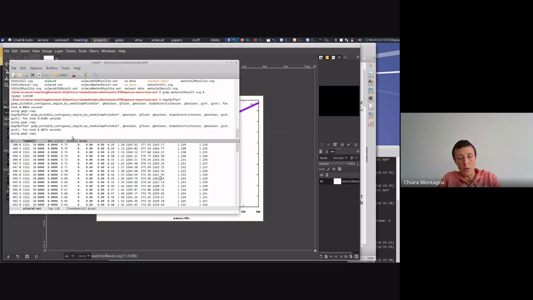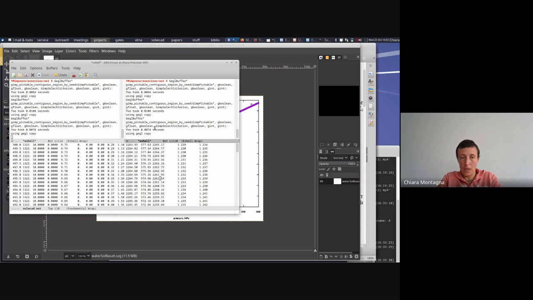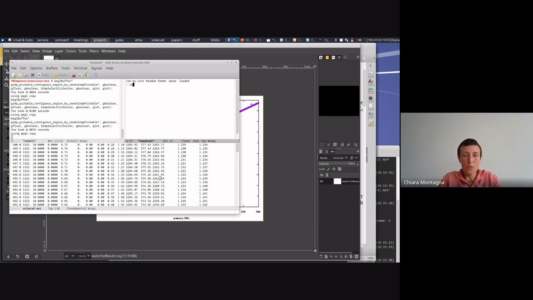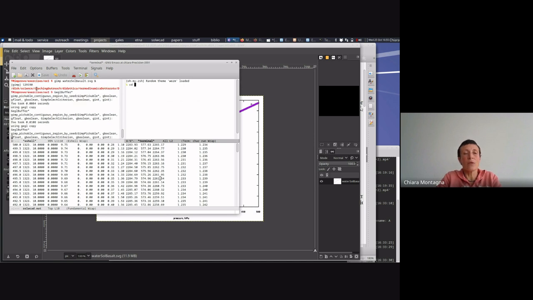To plot it with Gnuplot, I don't know if you're familiar with that, but it's a very easy software. And basically, what you need to do is to call it from a terminal window. Let's go into the right directory.